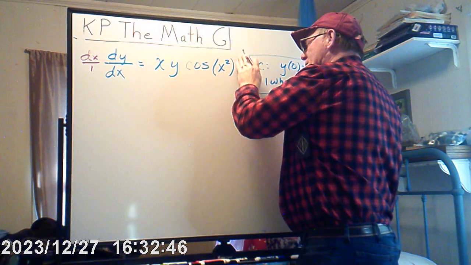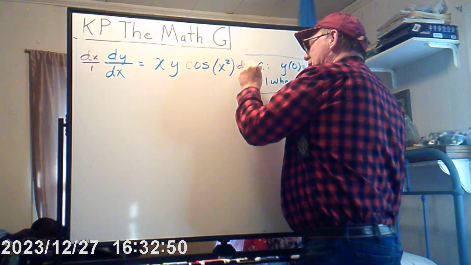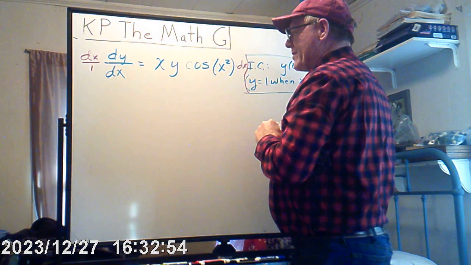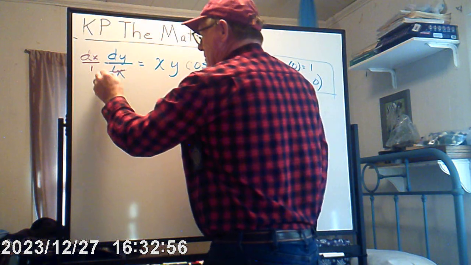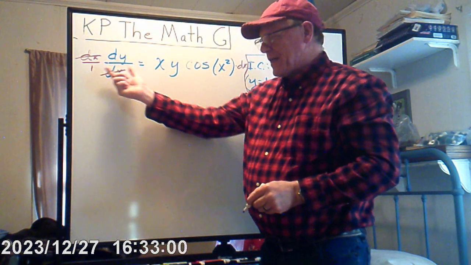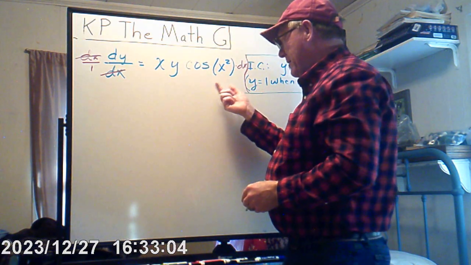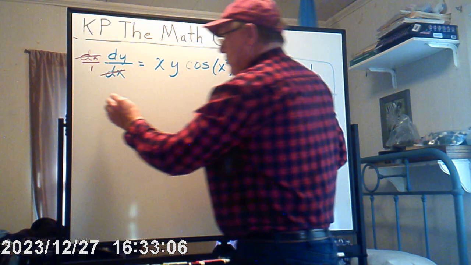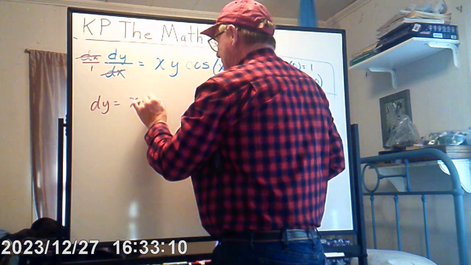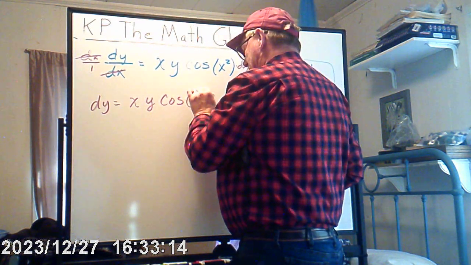The reason you want that is you don't want dx in your denominator. You want to get rid of that. Let's rewrite our problem. Now we're down to dy equals xy cosine of x squared.